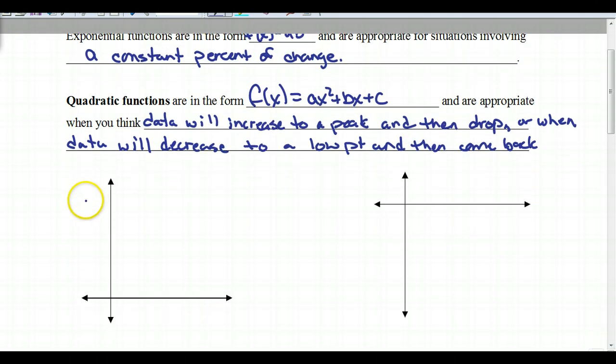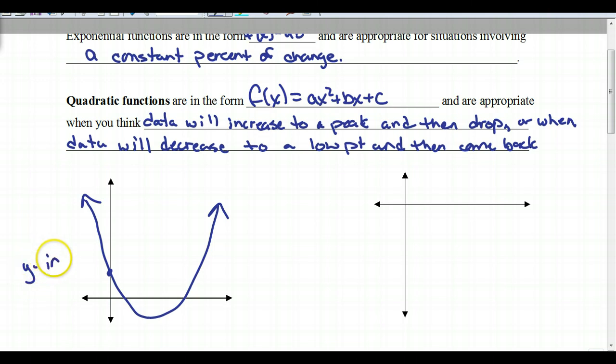So let's look at two examples of the graph of these. You're going to have one that looks like this, and please excuse my messy parabola, but it looks like this. Okay? Where it crosses the y-axis, that's called the y-intercept, and I'm going to shorthand that by y-int. That's right there. Okay?